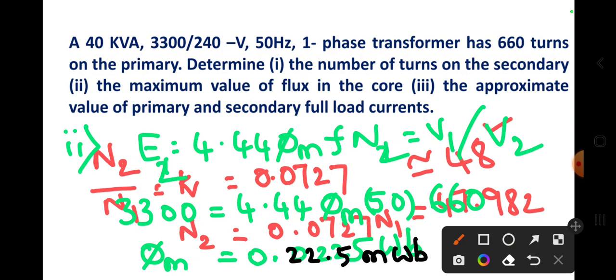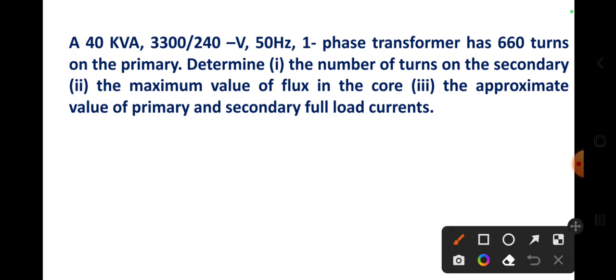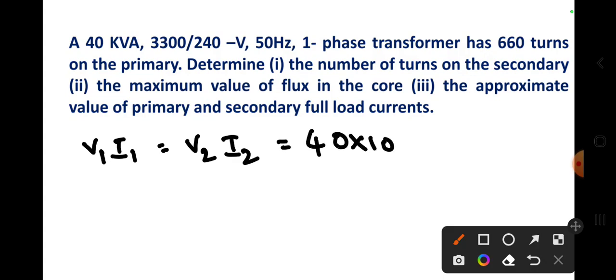Next, what is the third one? The approximate value of primary and secondary full load currents. How can you find out this one? Just remember the first formula I have given, that is 40 kVA. In the sense, you can write that as V1 I1 is equal to V2 I2 is equal to 40 into 10 cube.